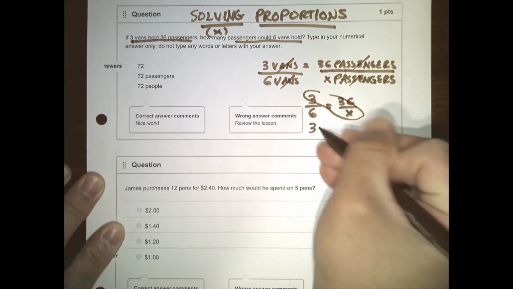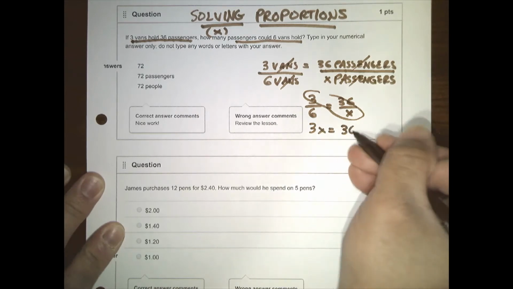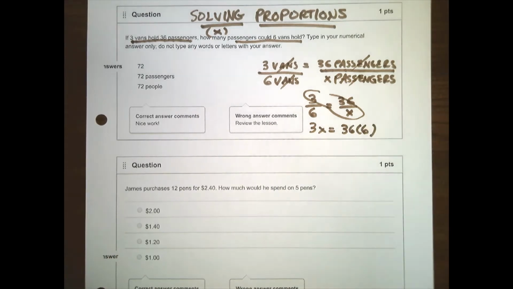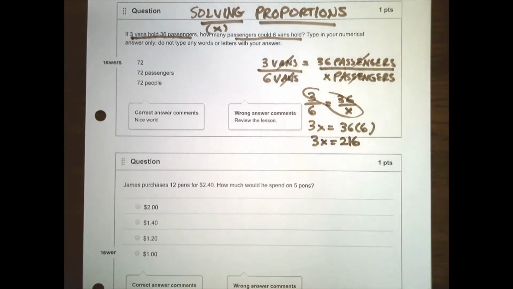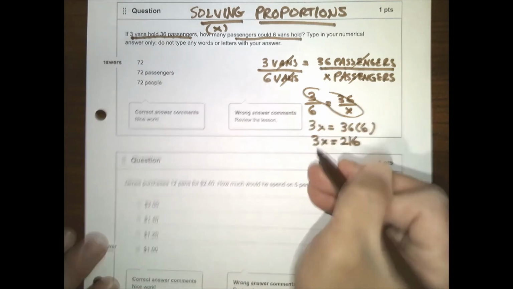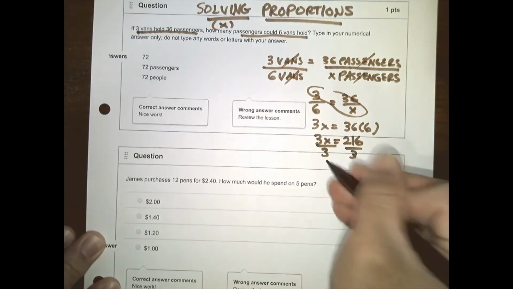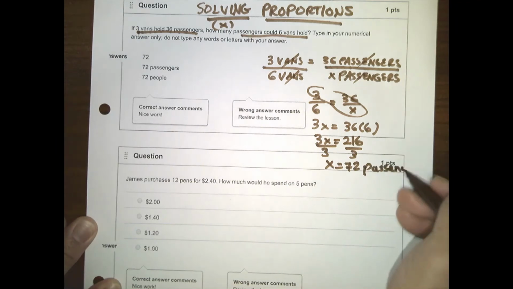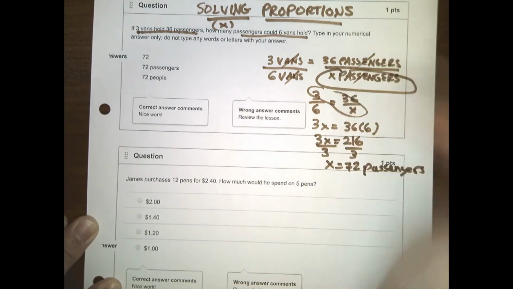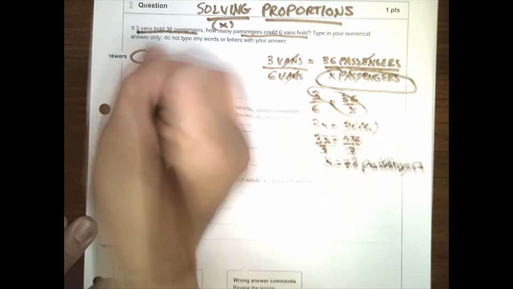So 3x is equal to 36 times 6. 36 times 6 is going to be 216. So 3x is 216. And then I can divide by 3 on each side. So I get x is equal to 72 passengers, because that's what x was, the number of passengers.